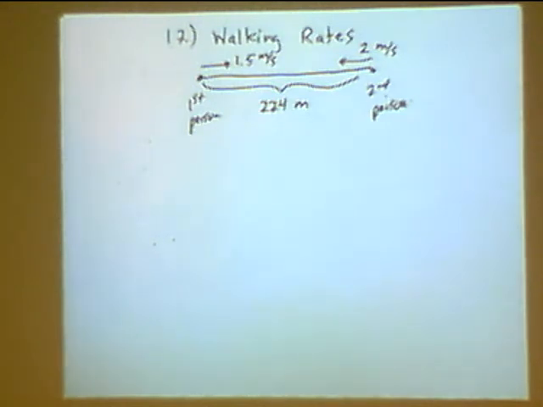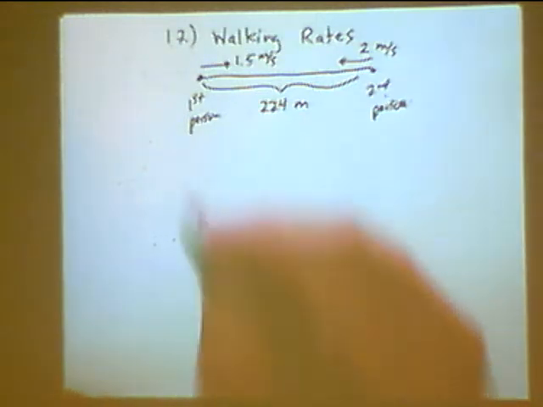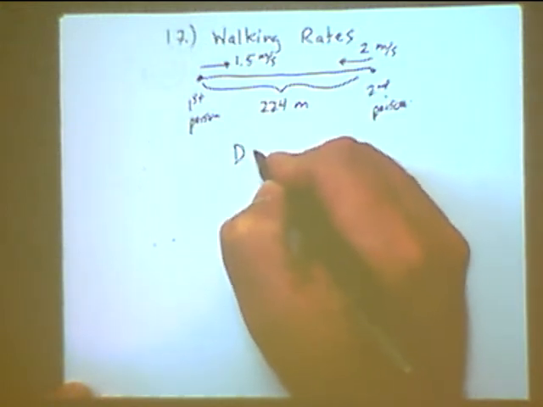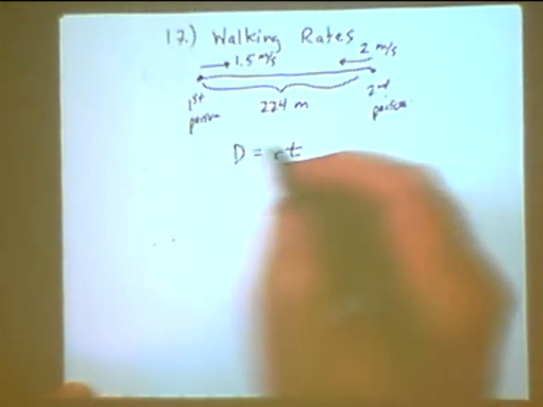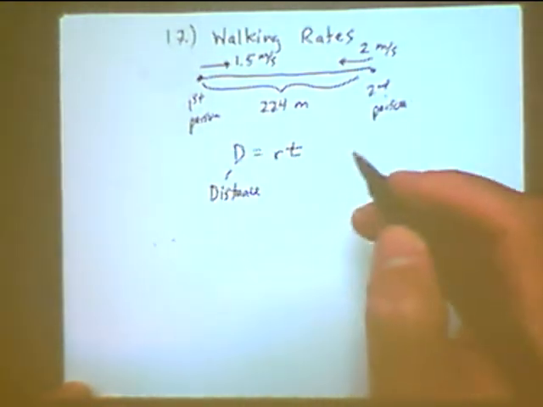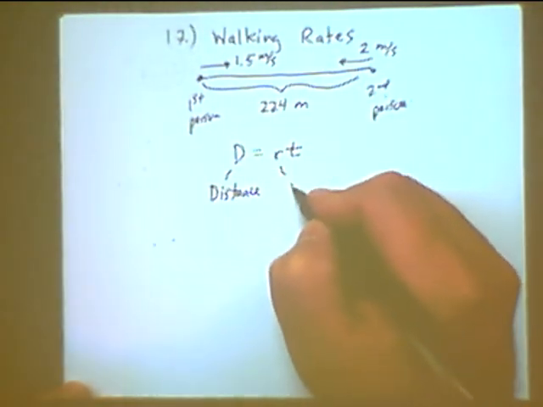Now for any of these kinds of problems, I call them travel problems, where people are walking, people are running, cars are driving, planes are flying, boats are going. The very important equation you're always going to use is D equals RT. D stands for distance, the distance you travel, equals the rate.